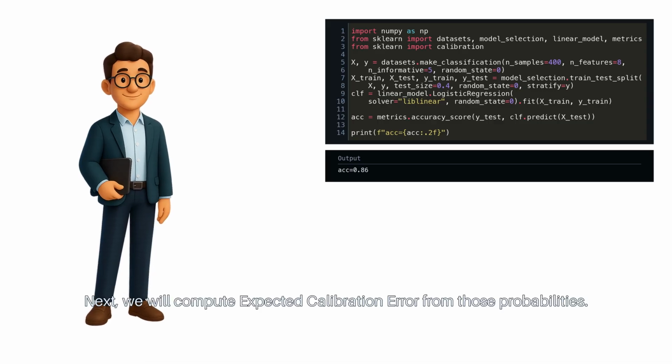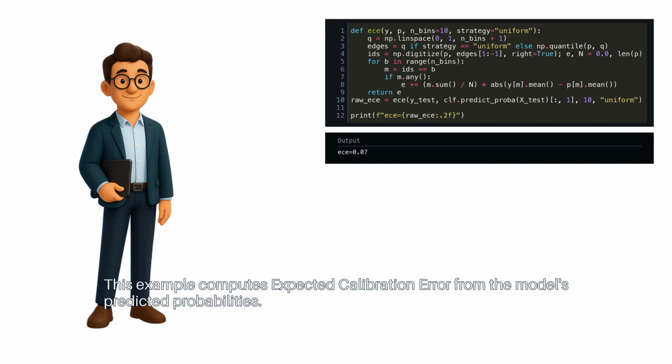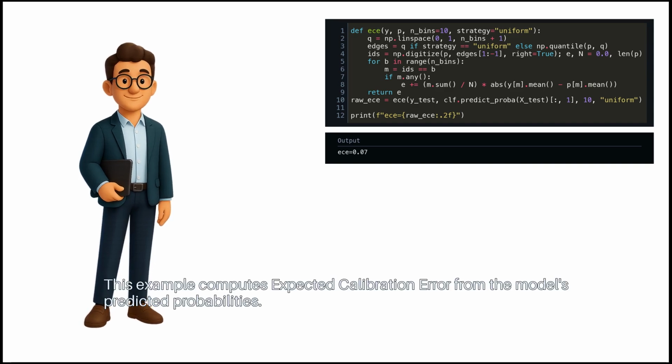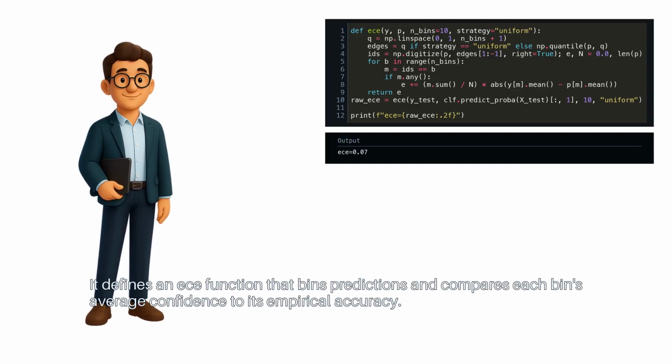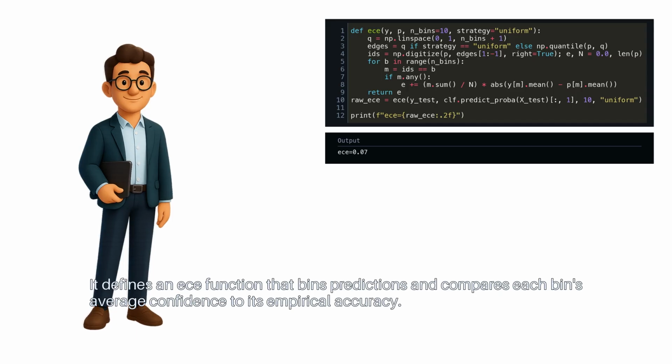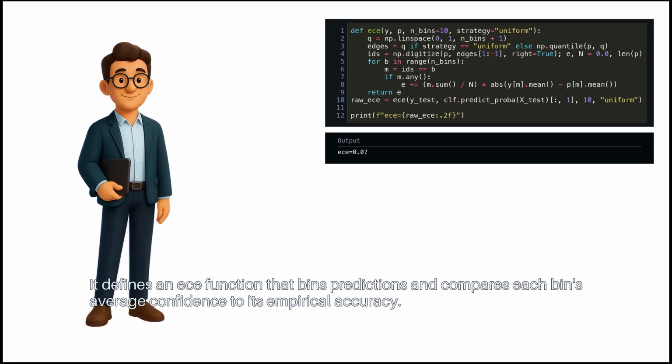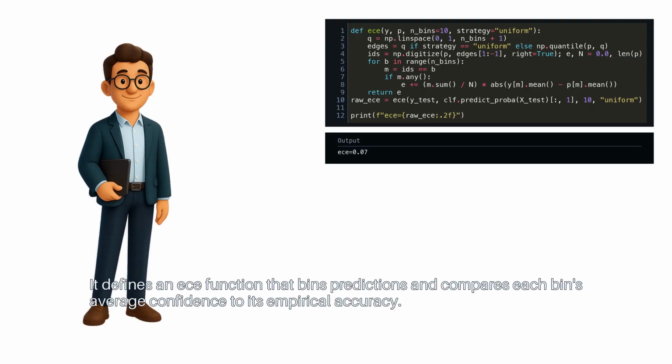Next, we will compute expected calibration error from those probabilities. This example computes expected calibration error from the model's predicted probabilities. It defines an ECE function that bins predictions and compares each bin's average confidence to its empirical accuracy.